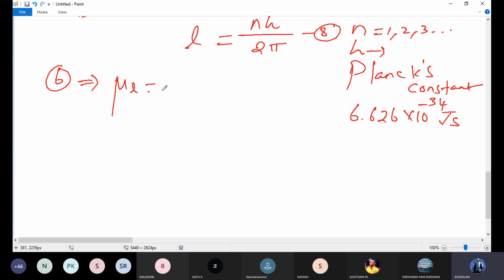Mu L is equal to n into eh divided by 4 pi me, where me is the mass of electron. So this is equation number 9.